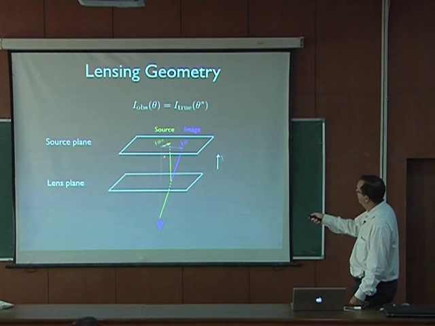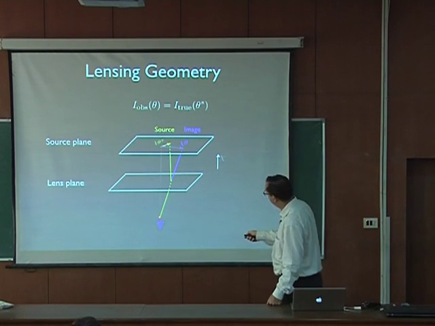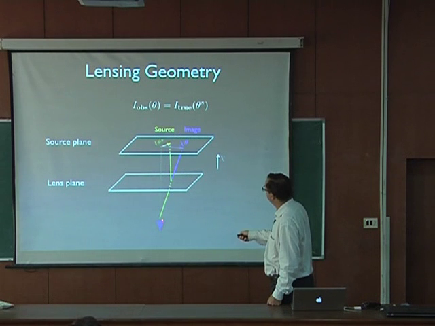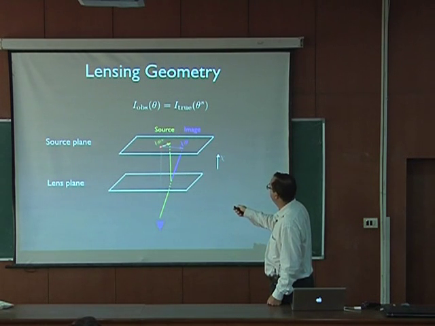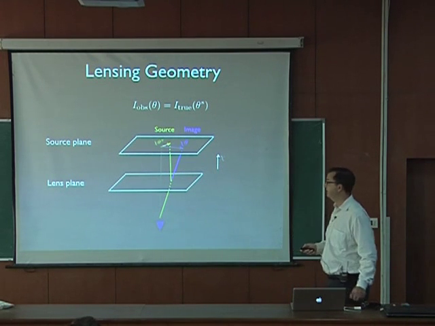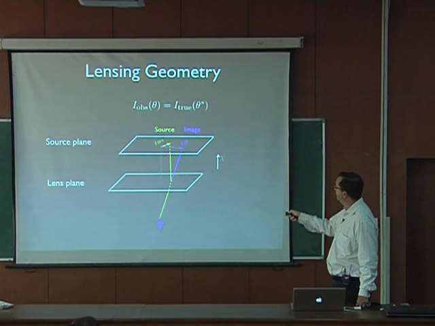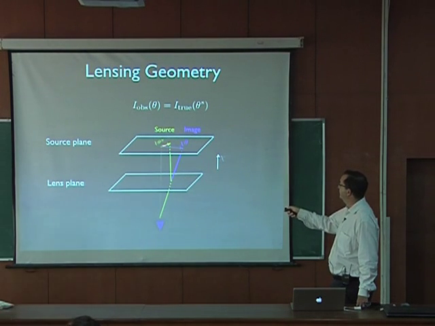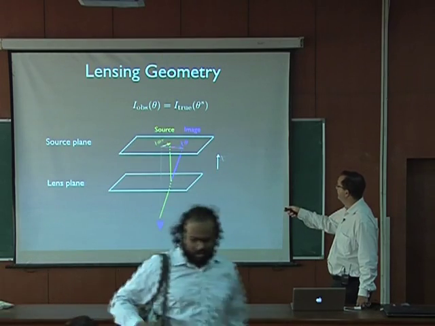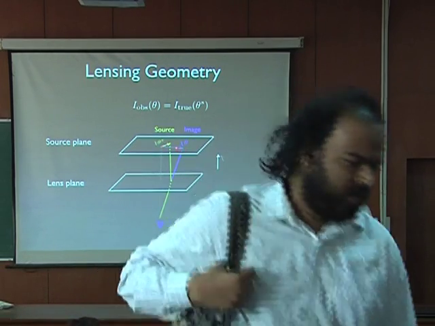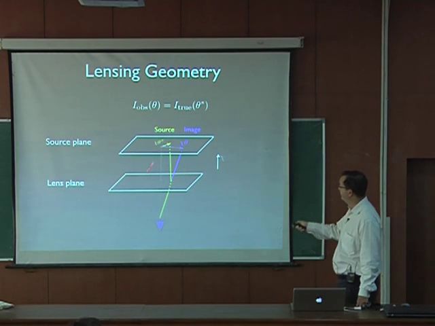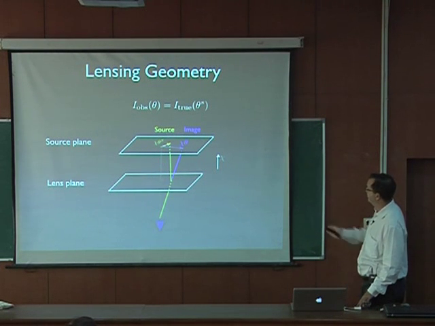Okay, so let's suppose, unfortunately you can't see it very well, that there's a brown line here, which is basically the center of the coordinates, centered on the source, and let's call the position of the photon at a given moment, say on the source plane, theta times chi. So theta is the transverse angle, and chi theta is the transverse displacement from the center of the coordinates, or from this line, which goes from the observer to the source.